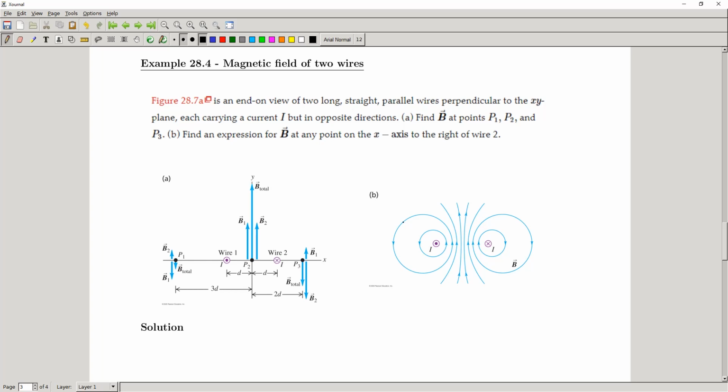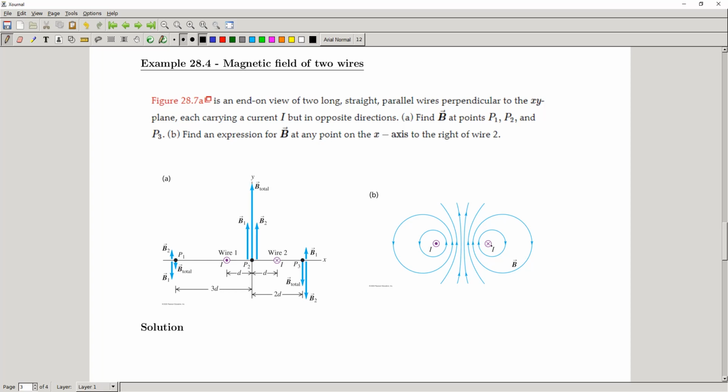In diagram B here, we can see the way that the magnetic field is going to look for some of these. If we use our right-hand rule and look at the wire on the left, the thumb of our right hand is going to be pointing upward from the page, and our fingers are going to curl in the direction of those magnetic field lines that we see there, so around the wire, kind of like counterclockwise.